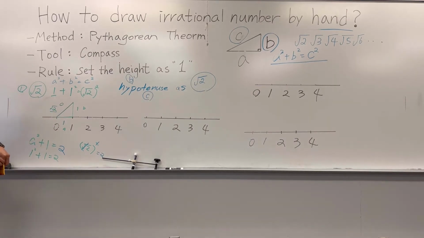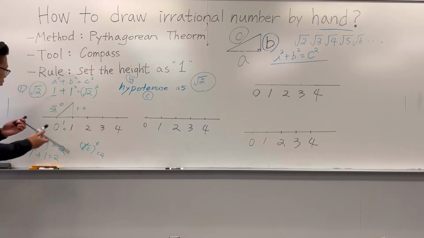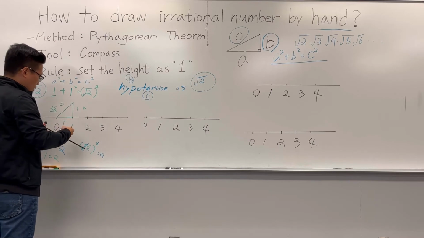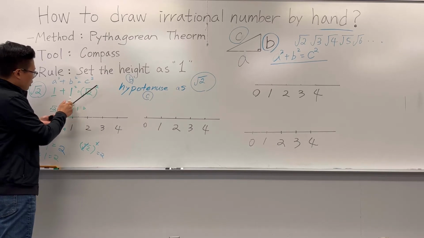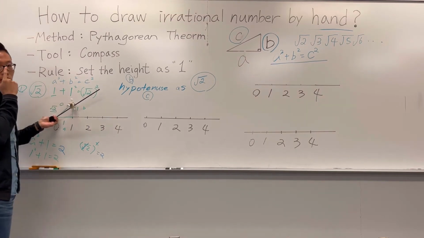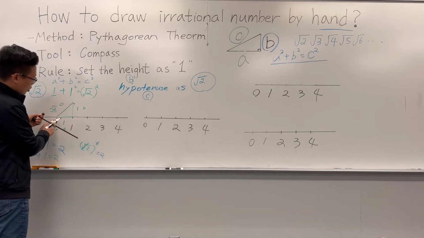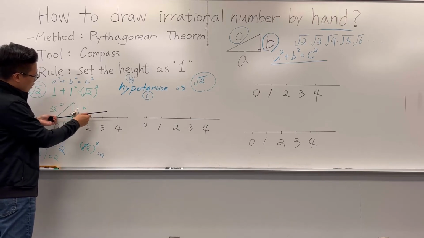Okay? Now I will use my compass, and you use the compass needle from here, and then you go to the distance of c. You go to the distance of c, that's here. That's this length. This length here is the square root of 2. So you use this 0 at this point as a support, and you use the needle here and you draw down here.